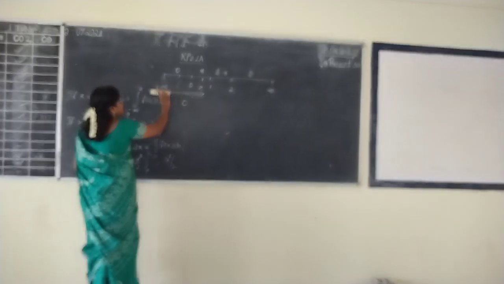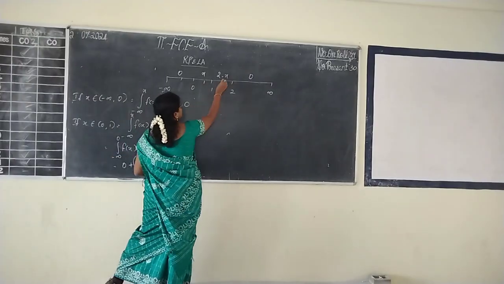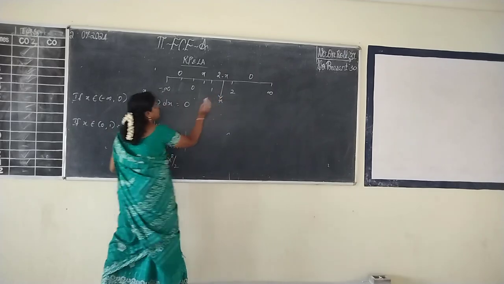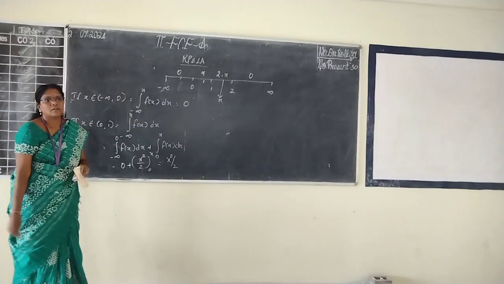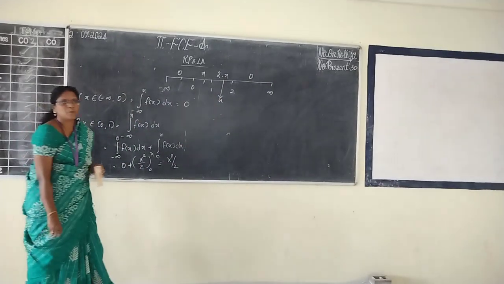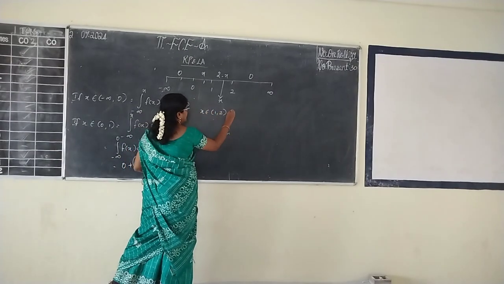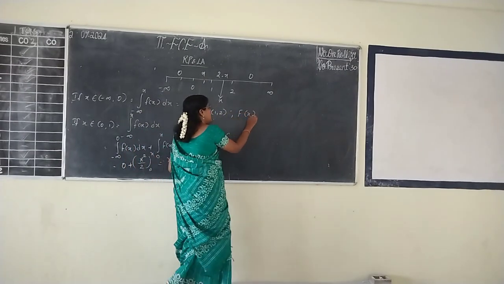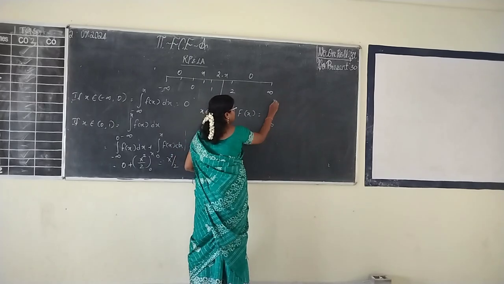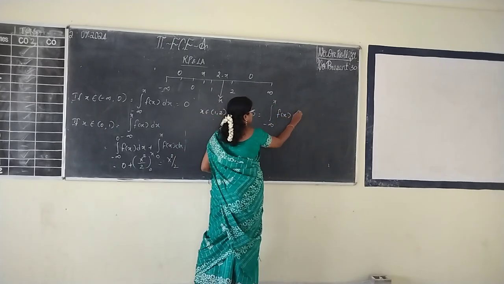Should we go for the third case? What is the third case? x lies between 1 and 2. What is going to happen if x lies between 1 and 2? Again the same: capital F of x equals the integral from minus infinity to x of f of x dx.